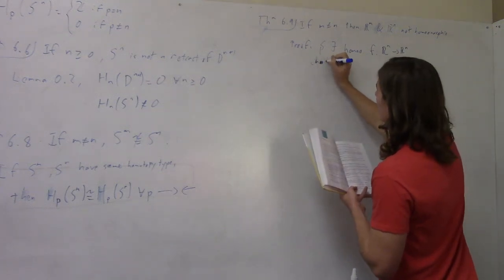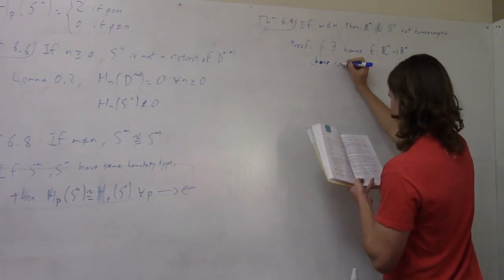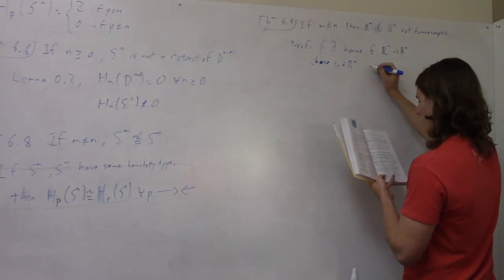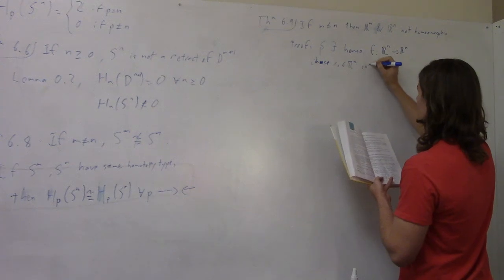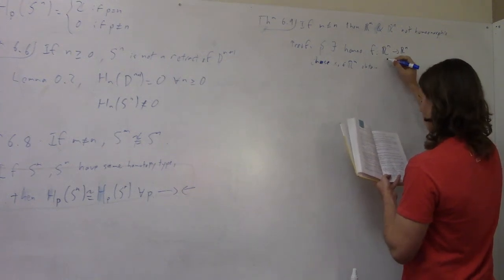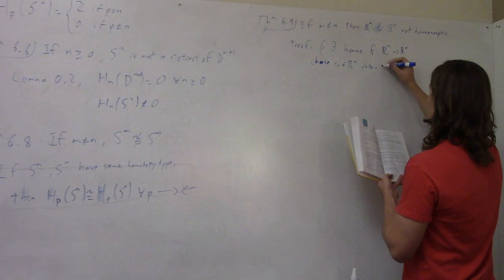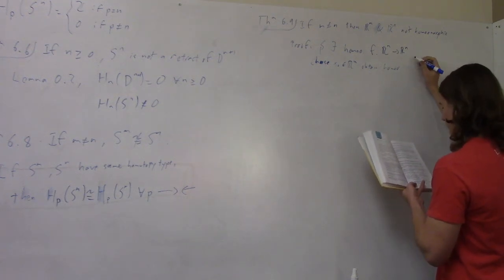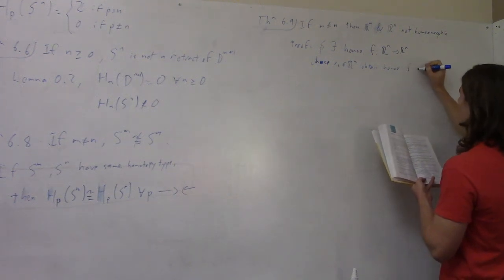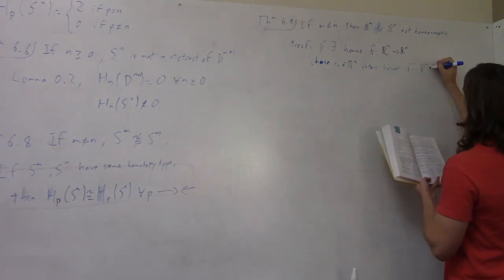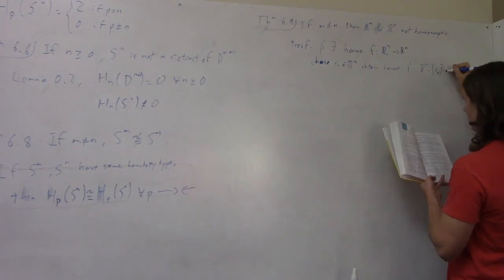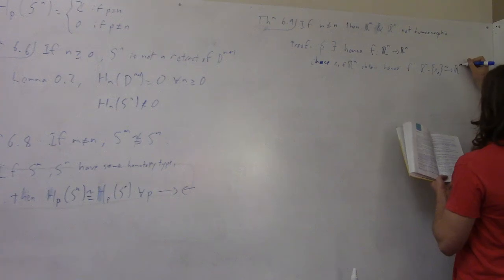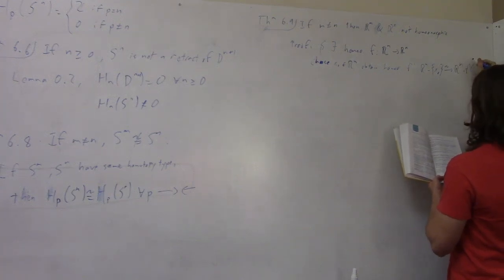Choose x1 in Rm, and the homeomorphism restricts, so we can call it f prime, from Rm minus x1 to Rn minus f of x1.